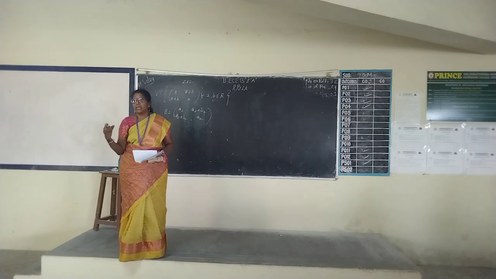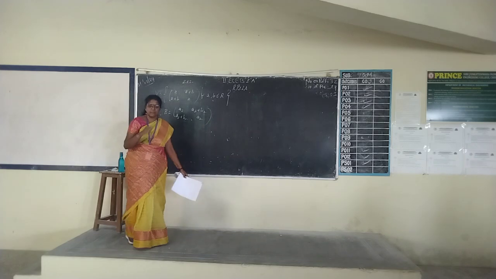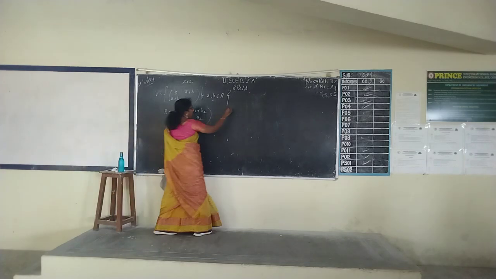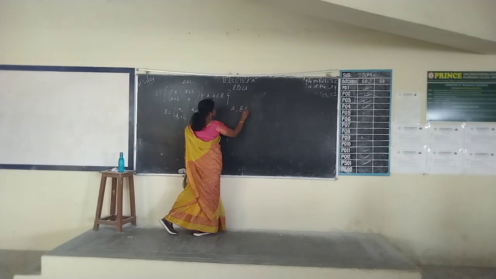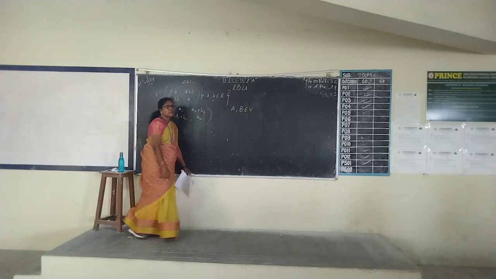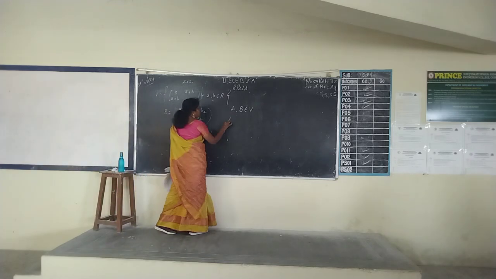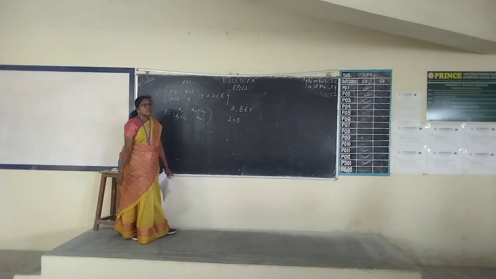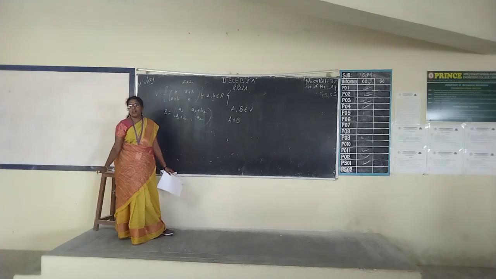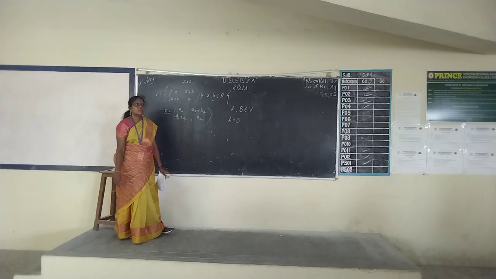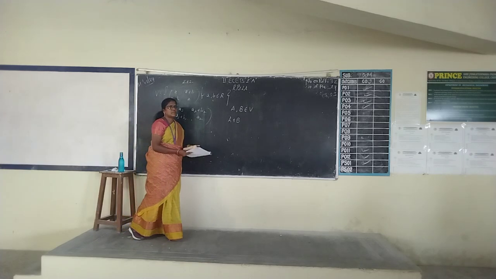Then only we can go to the axioms. So, let A, B belong to B. A is a 2 by 2 matrix, B is another 2 by 2 matrix. Tell me, what happened to A plus B? Whether it will belong to B or not?